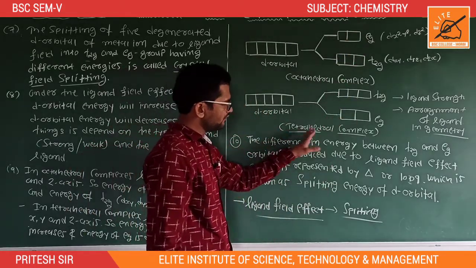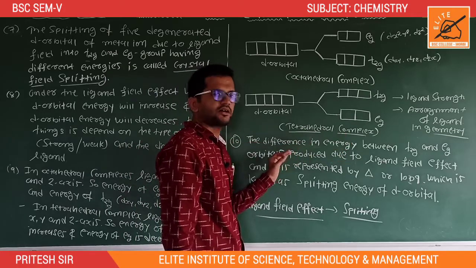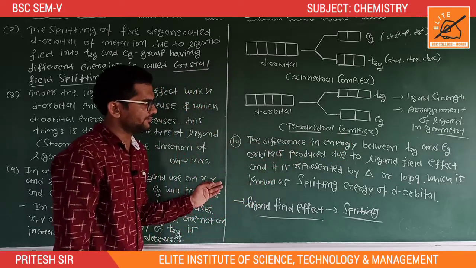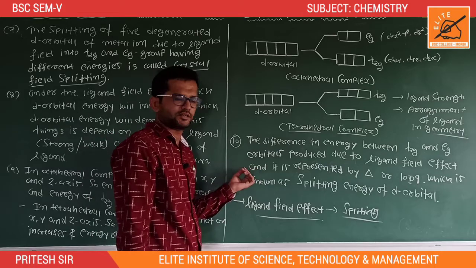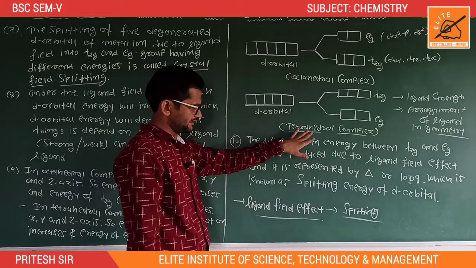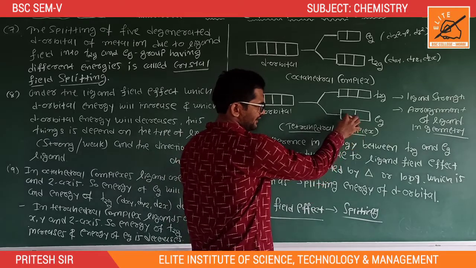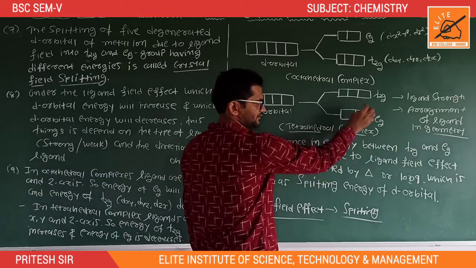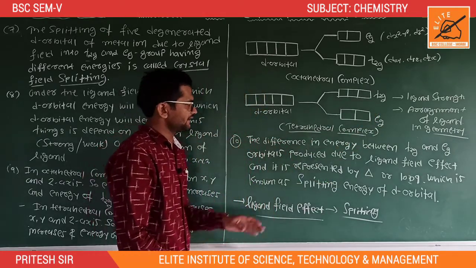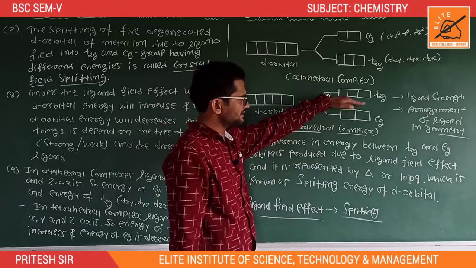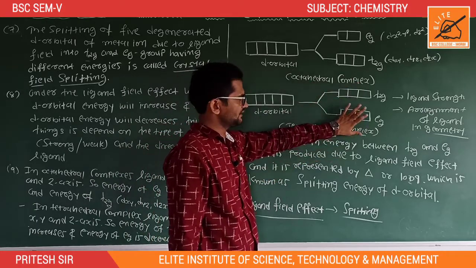But in tetrahedral complexes ligands are not on the axis; they are near about the T2g axis. At that time the first electron enters the Eg orbital, then after that the T2g orbital. It means in tetrahedral complexes the energy of T2g is higher as compared to Eg.